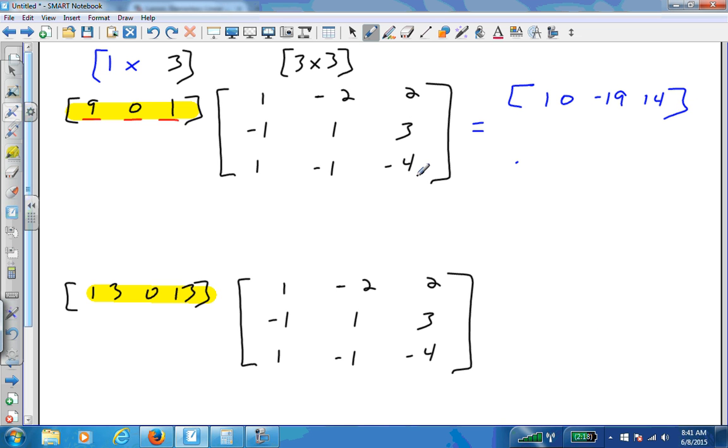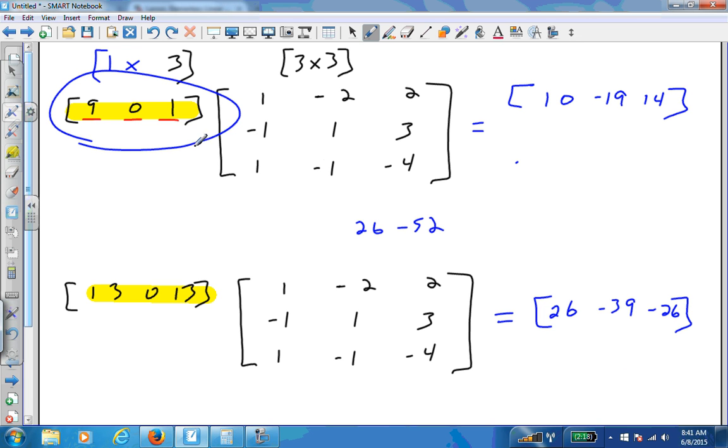Here, 13 times 1, that's 13, 0, 13, so 26. Minus 26, 0, minus 13, so minus 39. 26, 0, minus 52, so 26 minus 52 is minus 26.